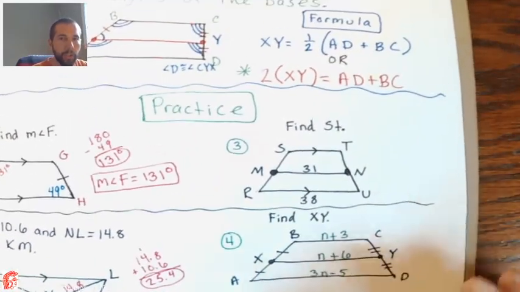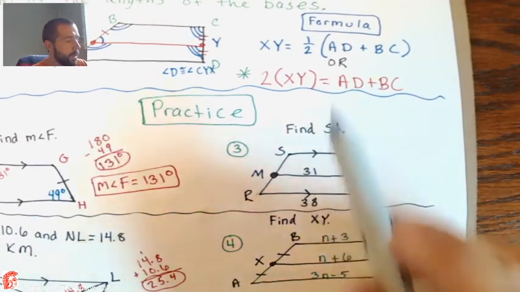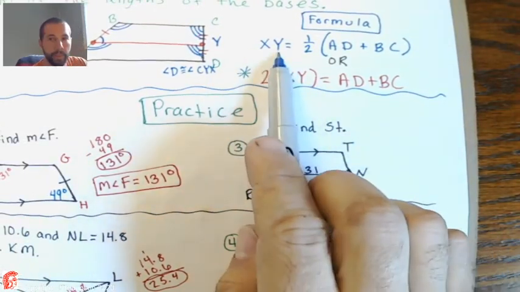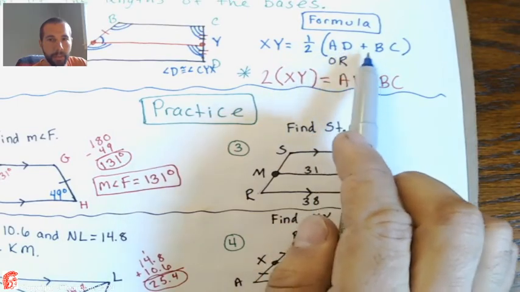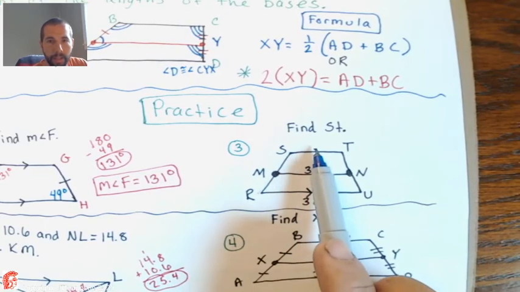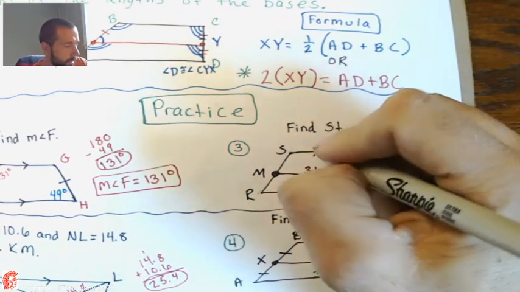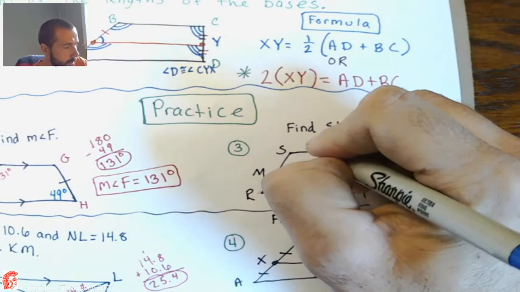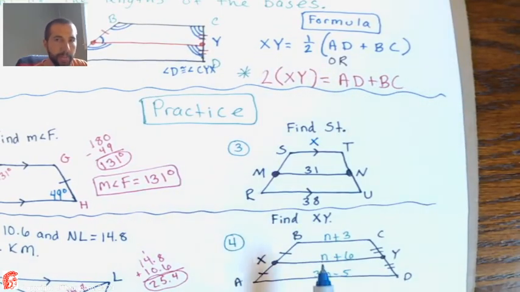So we can either do formula 1, which was XY equals 1/2 times AD plus BC. So that would be 31 equals 1/2 times, I guess we can call this x plus 38.